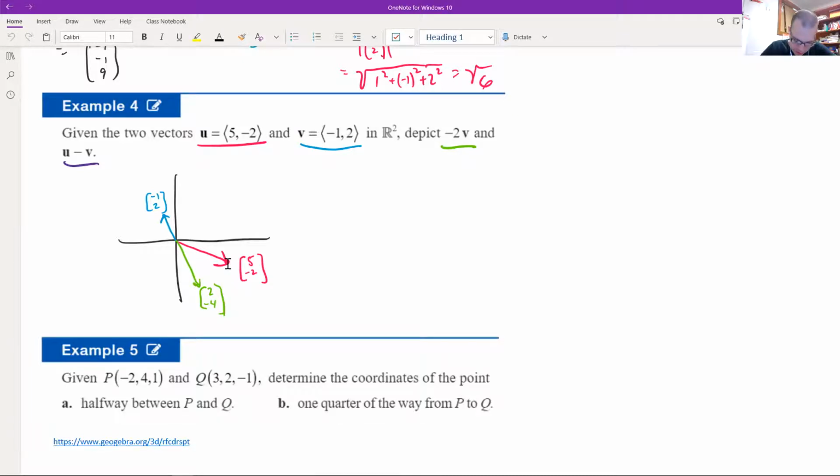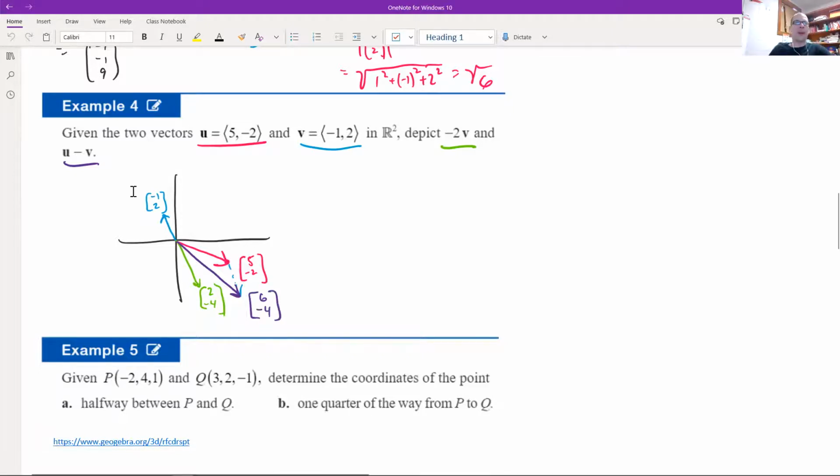Not that anybody cares. Doesn't need to be blue, but we're fine. And then u minus v would look like this. And it would be 6 and -2 minus 2, -4.